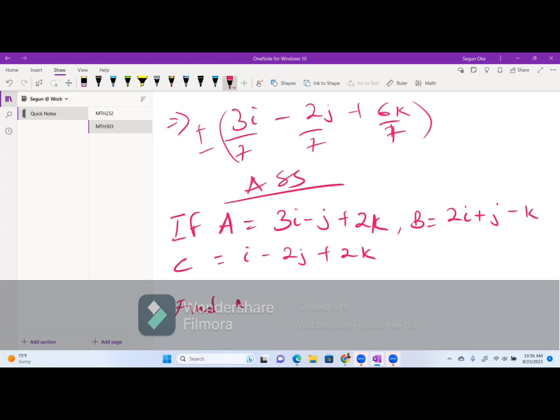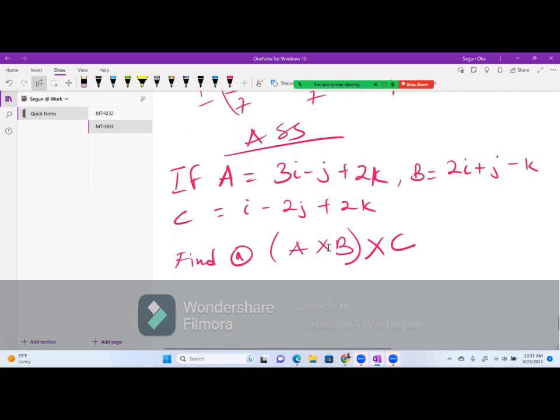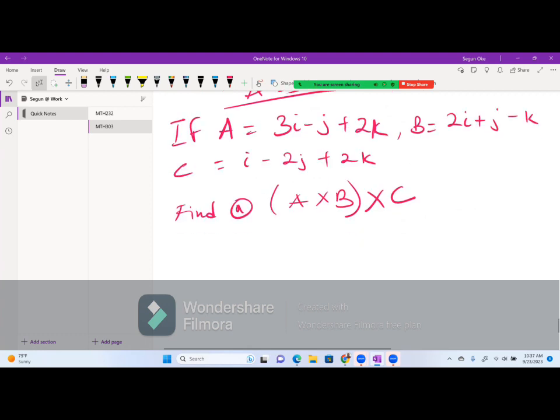Find A cross B in brackets cross C. It simply means you first of all calculate A cross B before you now cross it with C, not together. Let's see whether we're going to have the same answer for each of them. Just do it separately.